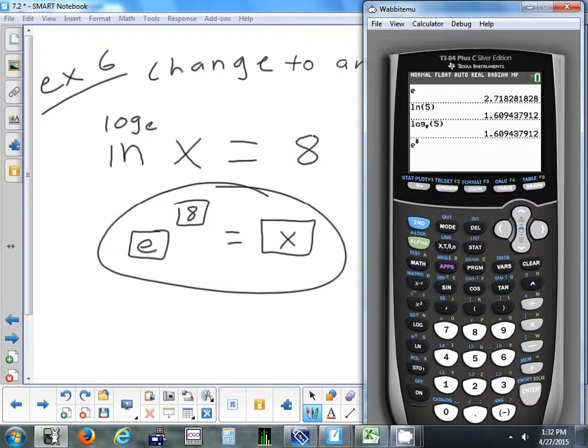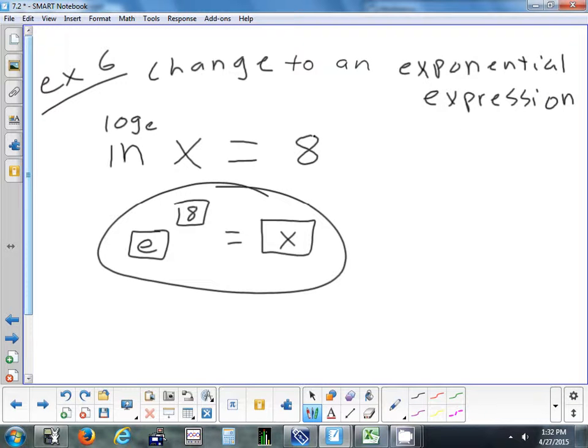And then I put in the 8th power. Any question on that? Okay, so don't forget, when you see ln, the e is hidden.